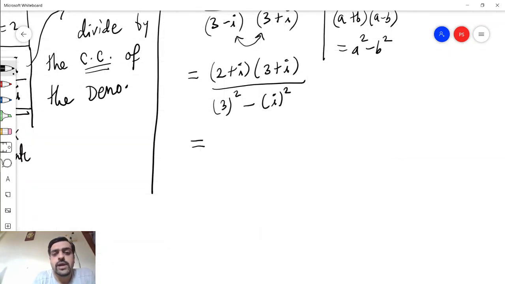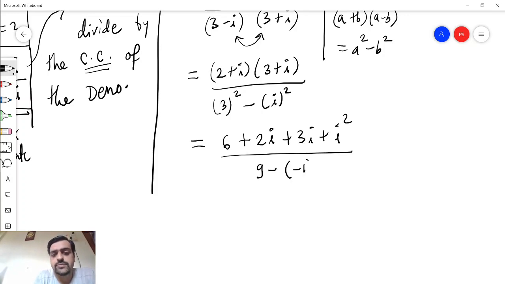In the numerator part we have to multiply the things. So 2 into 3 is 6 plus 2 into i is 2i plus 3 into i is 3i plus i into i is i squared, whole divided by 9 minus of minus 1. Remember, again we are substituting minus 1 for i squared.